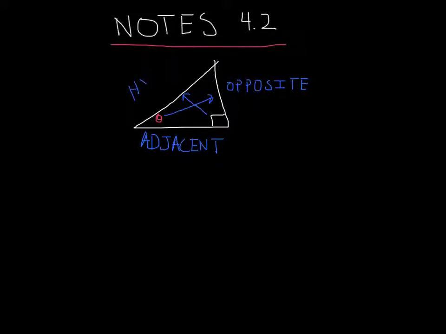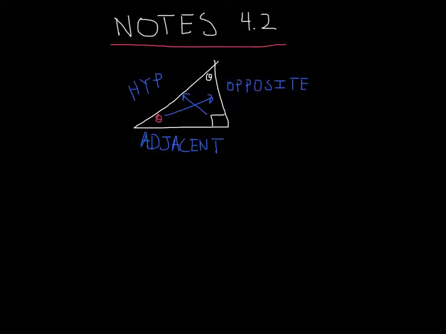So we would just put HYP right there. All right? And so these are the sides in relationship to the angle theta. Now obviously if the angle theta is up here in the upper corner, then the sides would change. The opposite side would be the bottom side, and the adjacent side would be the right side, or whatnot.